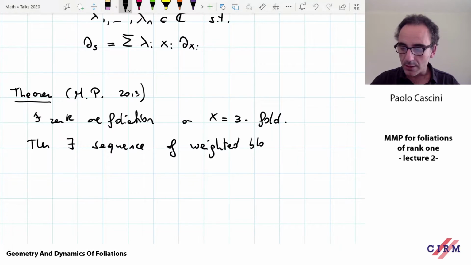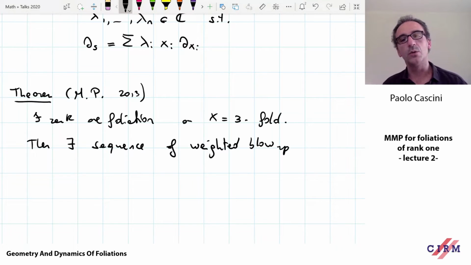I will not define what a weighted blow up is, but it's something very similar to a simple blow up, and it comes from toric geometry. So it can be easily described using toric geometry locally around the point we are considering.